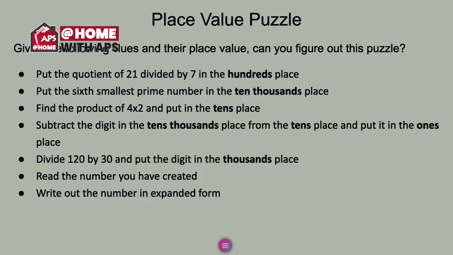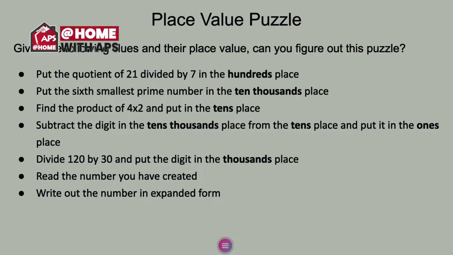All right, so let's think about this. We have to put the quotient of 21 divided by 7 in the hundreds place. That's an odd word, I haven't heard that word in a long time. So I'm going to have to do some kind of division. The quotient is the answer that I get when I divide 21 by 7, and I'm going to put that in the hundreds place.